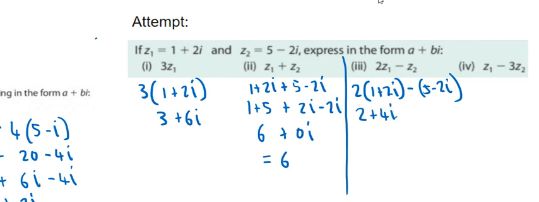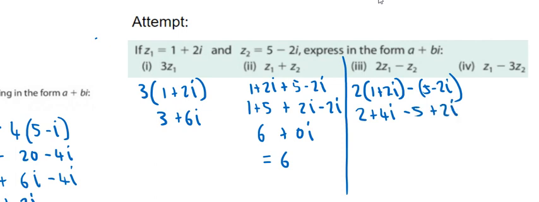Just take a look carefully again what's happening here. We're subtracting 5 minus 2i, so subtracting the 5 would just be minus 5, but then because we're subtracting a negative, so we're doing minus minus, so it's minus minus 2i. So minus minus will become plus, so it'll be minus 5 plus 2i.